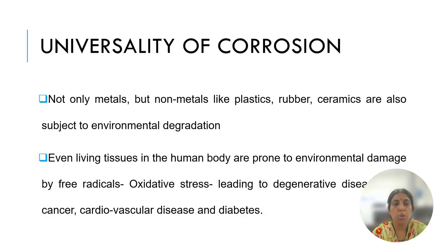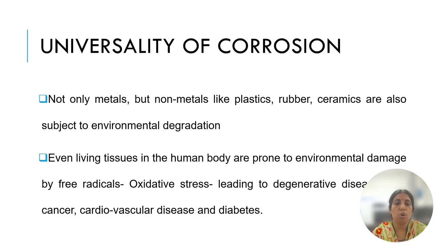So what is the universality of corrosion? Corrosion is environmental degradation which can happen not only in metals or alloys, but also in non-metals like plastics, rubber and ceramics, whenever they are subjected to environmental degradation.